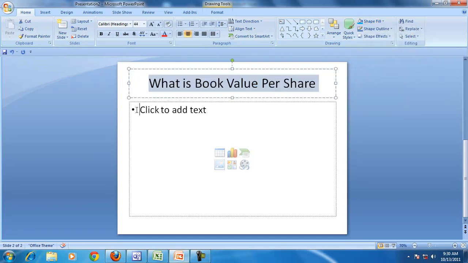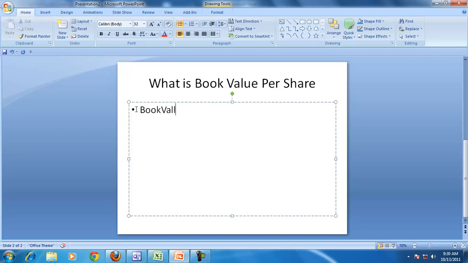The book value per share is the net worth.